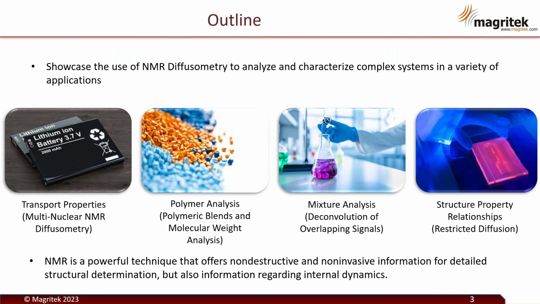And last but not least, we're going to study some structure-property relationships using restricted diffusion measurements as a way to characterize porous materials. So overall, NMR is a very powerful technique that offers both non-destructive and non-invasive information for detailed structure determination, but it also gives very valid information regarding internal dynamics of a system.